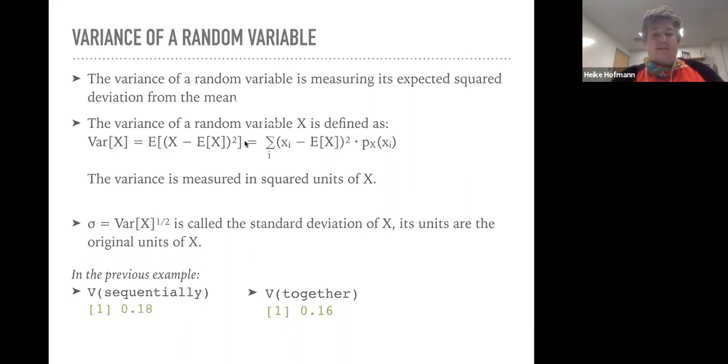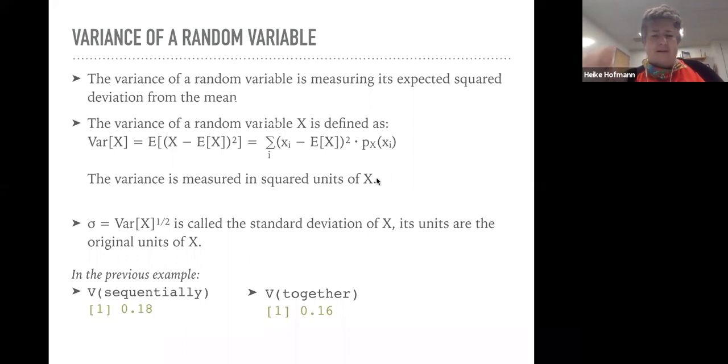And just by definition of the expected value, we sum up over all of these squared distances, xi minus this expected value squared, and we weigh that by the probability to see the xi in the first place.